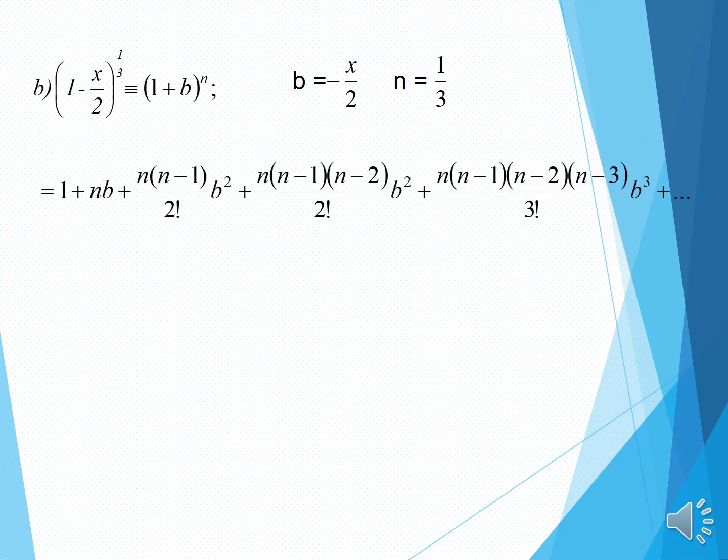(1 - x/2) to the power of 1/3. By comparing with (1 + b) to the power of n, b is equals to negative x over 2, n is equals to 1/3. Since n is a rational number, substitute into binomial formula for n is rational number.